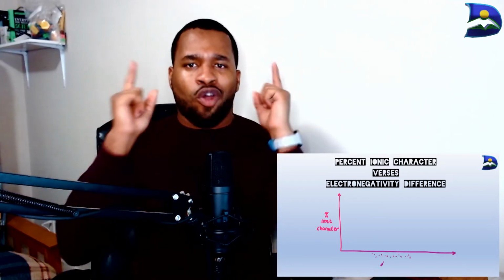Now, the percent ionic character is where we come in. This is shown based on the relationship with electronegativity, which, take note, takes into consideration the ionization energy and the electron affinity.